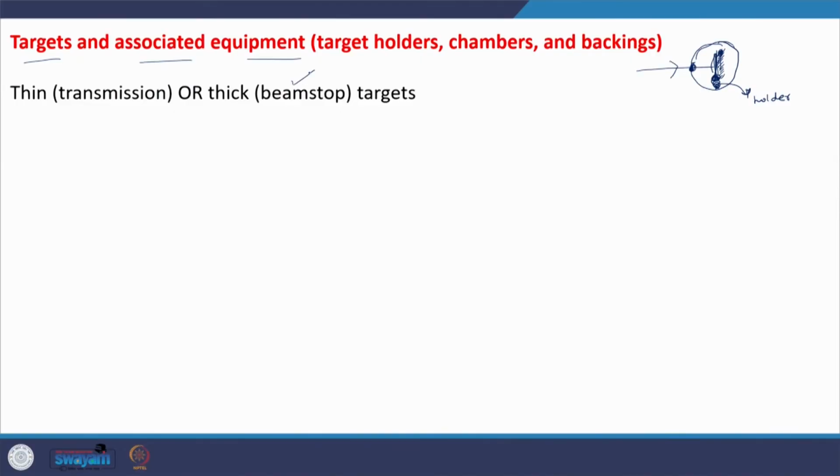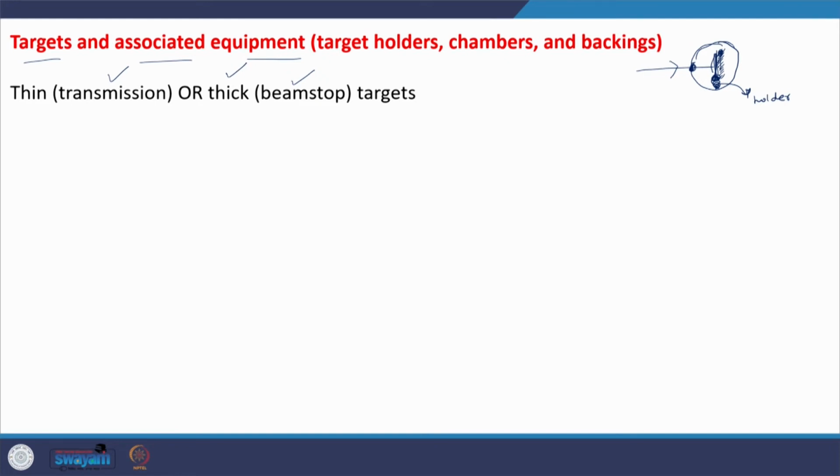Sometimes, depending on the nuclear reaction of interest, the thickness is such that whatever beam is there is completely stopped within the target material. So, I have given the names beam stop target and transmission target. The synonym for transmission target is thin target and for beam stop target is thick target, though thin and thick are of course relative.